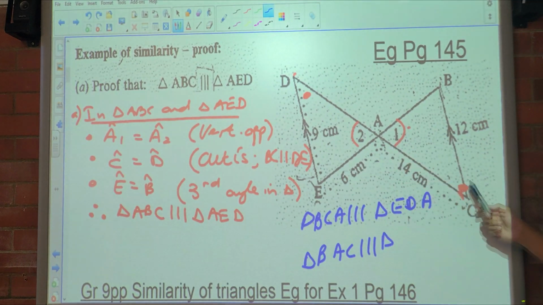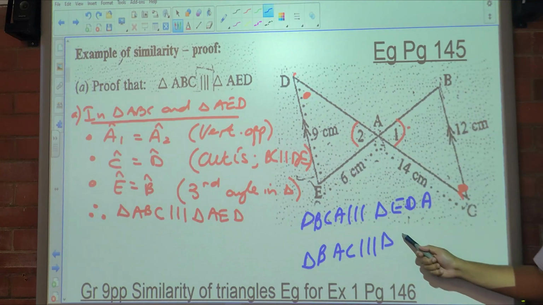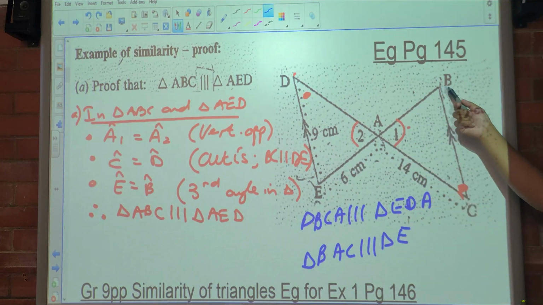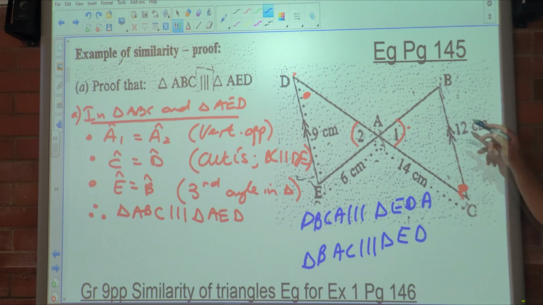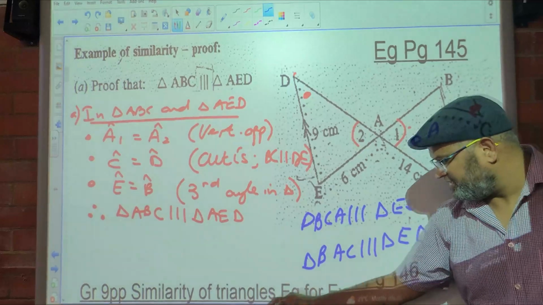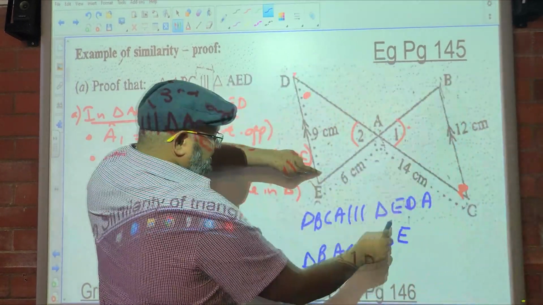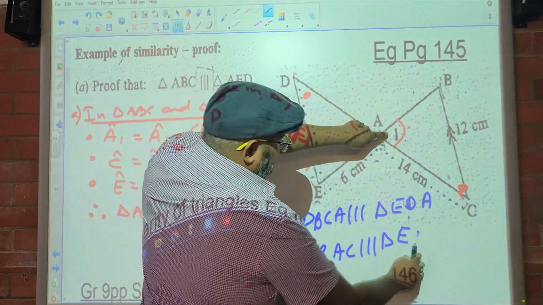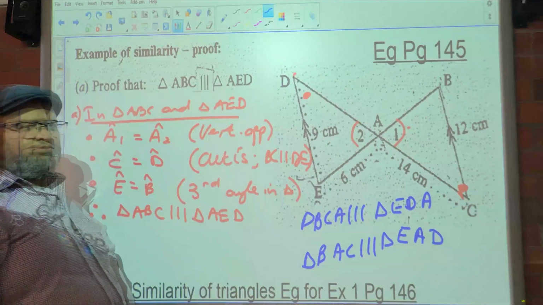So BAC must be EAD. B was E, then I went to A, so it must be A, and then C must be D. Will you guys understand?